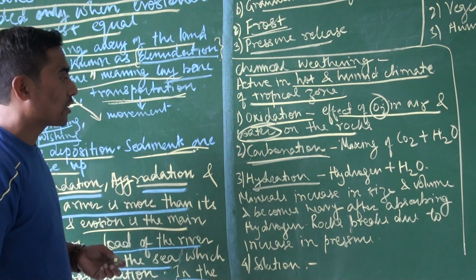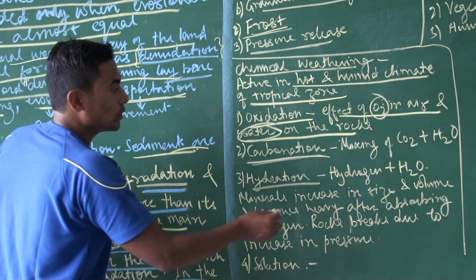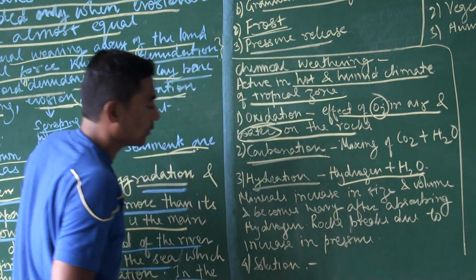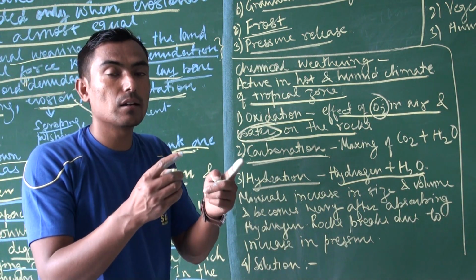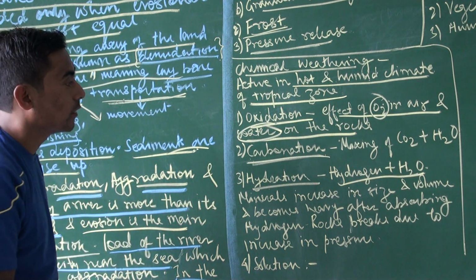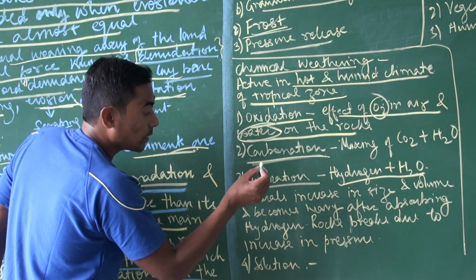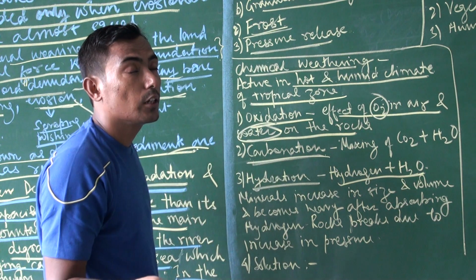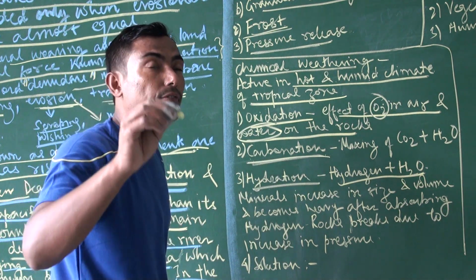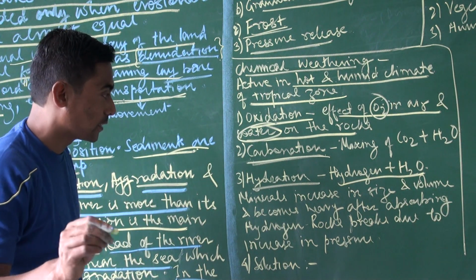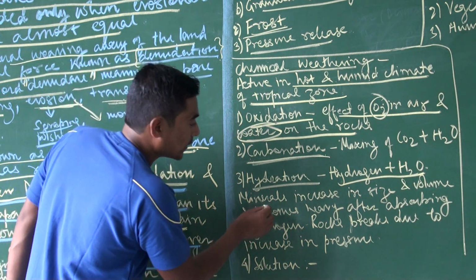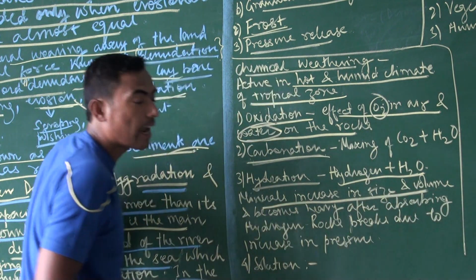Next is hydration. Hydration means when hydrogen and water unite together and have an effect on rocks that have different types of minerals, and those minerals increase in size and volume.